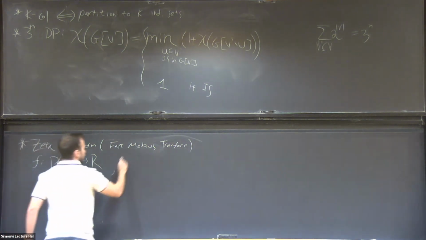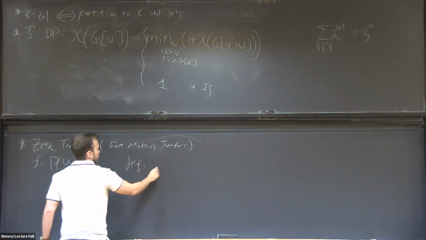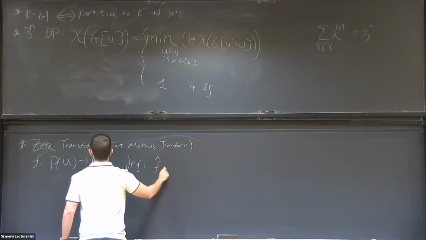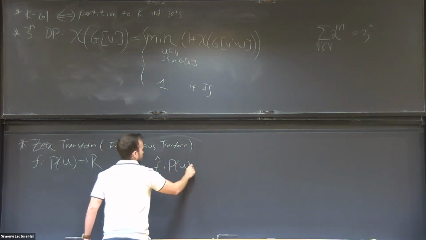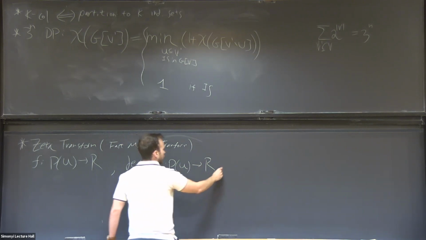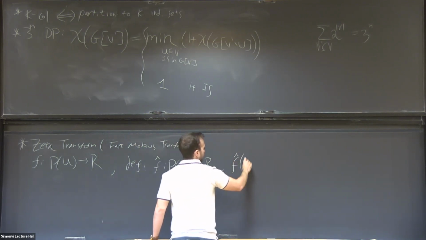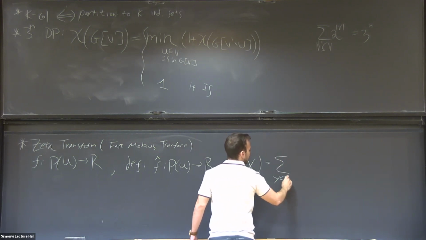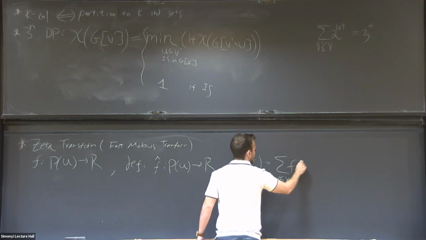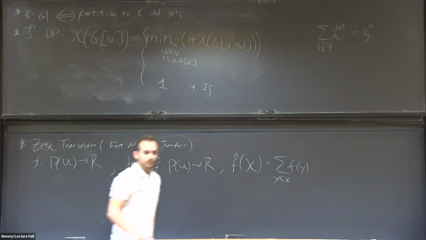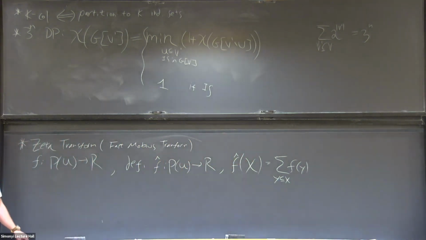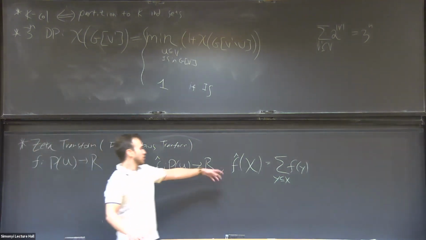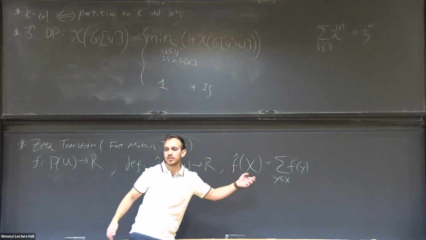I can define f hat to be another function from the power set to the same ring, defined by f hat of a subset x being the sum over all subsets of this subset of the original function. Right, so if I have the entire function f, then how fast can I compute this entire function f hat?